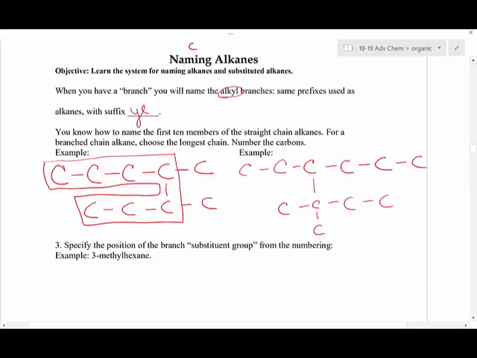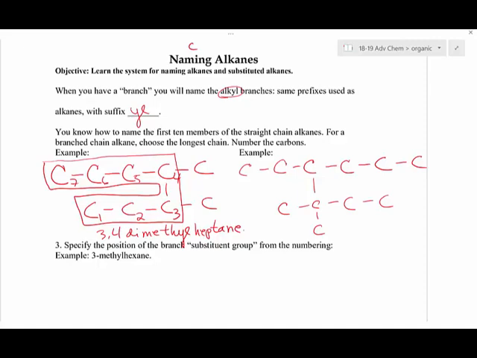Then I'm going to number from the side that gives me the lowest number for the first attachment. So that's going to be 1, 2, 3, 4, 5, 6, 7. The name of this molecule, 3,4-dimethyl, and 7 is a heptane. If I count the total number of carbons, that's 9, so 3,4-dimethylheptane is an isomer of nonane.